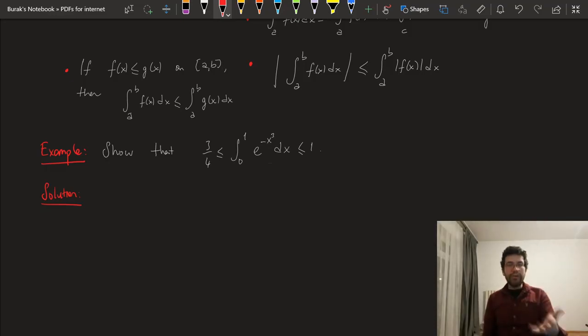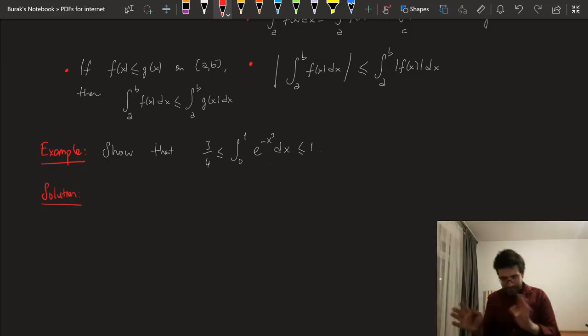those who know how to integrate properly with the fundamental theorem of calculus may ignore what I'm going to do in the solution and say that, okay, I can actually integrate this without Riemann sums. Well, you actually can't. You can't find an antiderivative of this function written in terms of what people call elementary functions. So you won't be able to integrate this using the fundamental theorem of calculus.